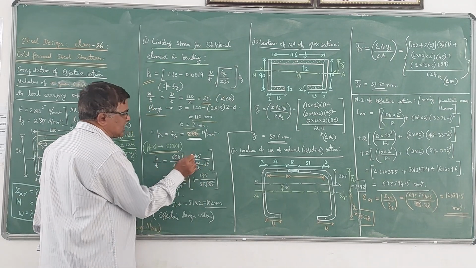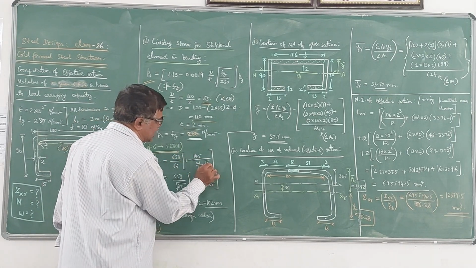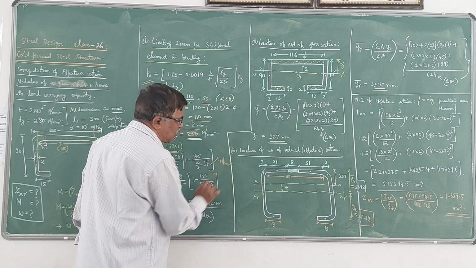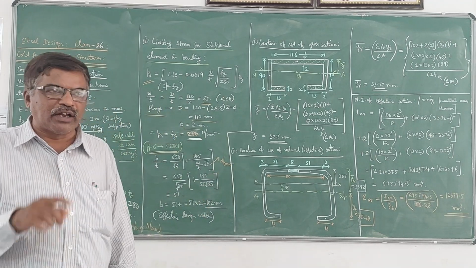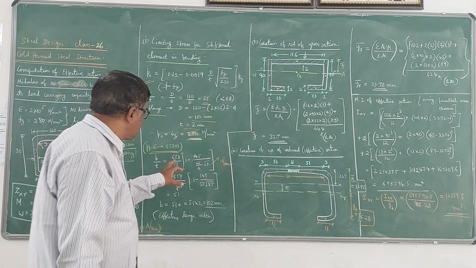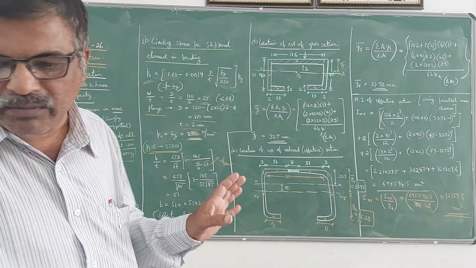Please note that these values 145 and 658 we have to take when f is in Newton per mm square. But whatever they have given in the code, when f is in kg per centimeter square, those values we have to take. For example, this is 2120 and this 145 is nothing but 465.